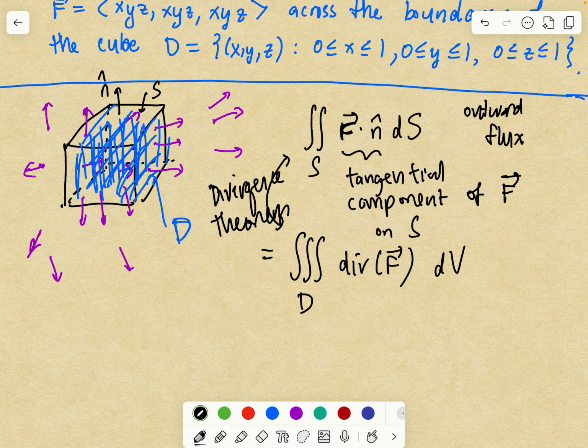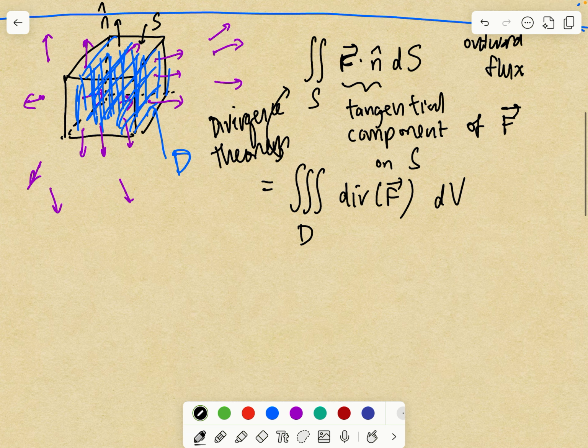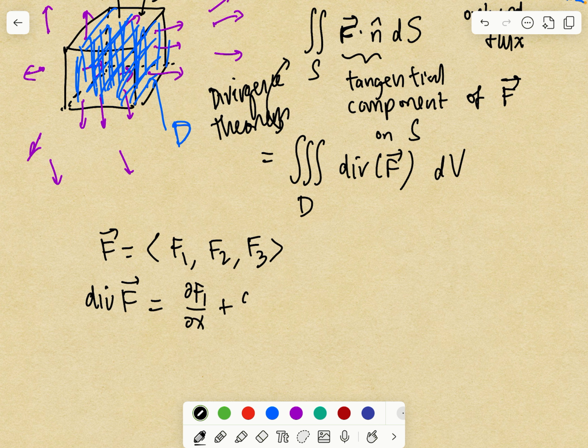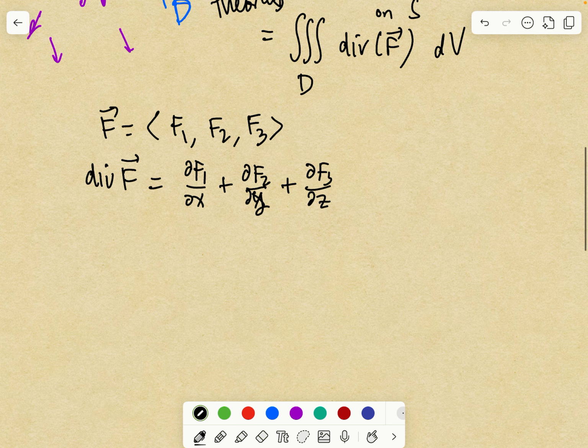If you have your vector field F1, F2, F3, then the divergence of F is going to be partial F1 with respect to x plus partial F2 with respect to y plus partial F3 with respect to z.